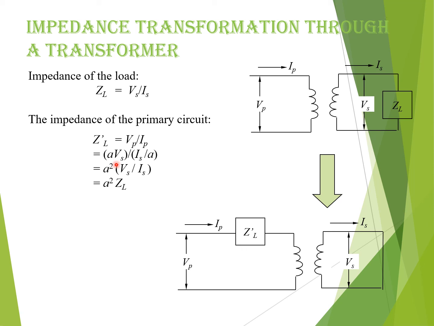Now when we simplify this equation, we get A square, that is the turns ratio squared, into Vs by Is. And Vs by Is is nothing but ZL. So we can say that the impedance of the primary circuit can be written as A square into ZL. With this, I stop here. Thank you.